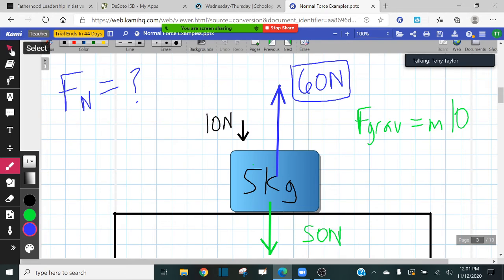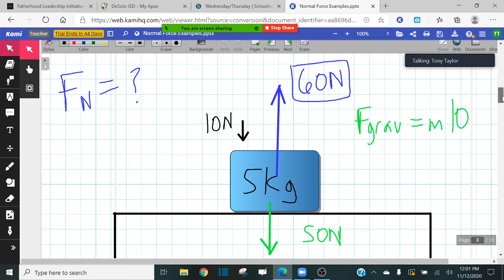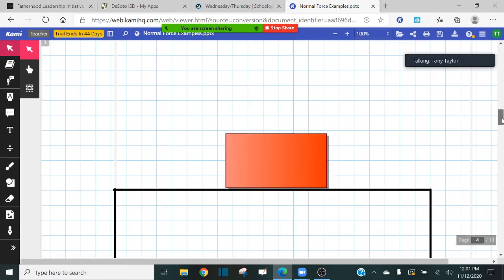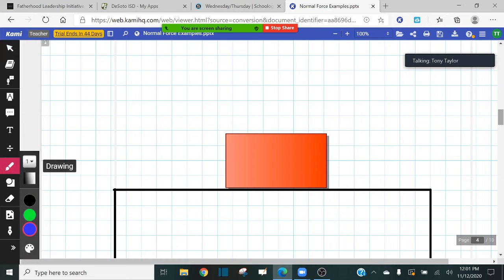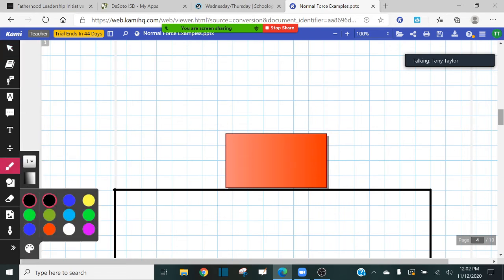So let's keep going. Let's do another example similar to this. So just to be sure you guys understand this point here. Suppose guys, I have a red box that has a mass of 8 kilograms. Okay. So it has a mass of 8 kilograms.